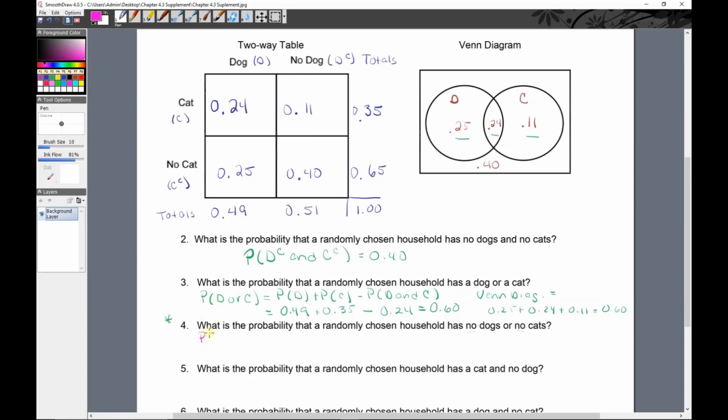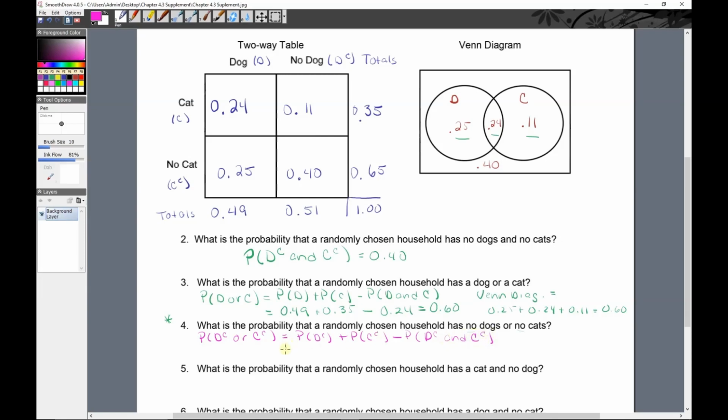So this is going to be the probability of a dog complement or cat complement. It's going to be the same formula except we're going to throw in some complements. So this is the probability of not a dog plus the probability of not a cat minus the probability of not a dog and not a cat.